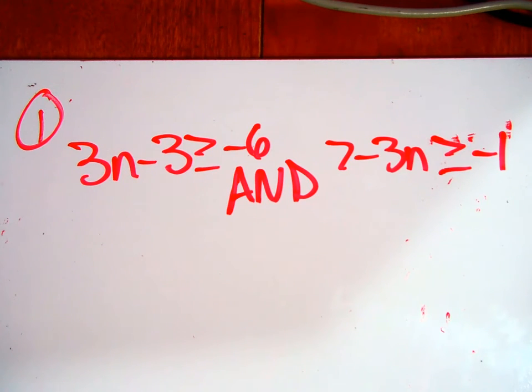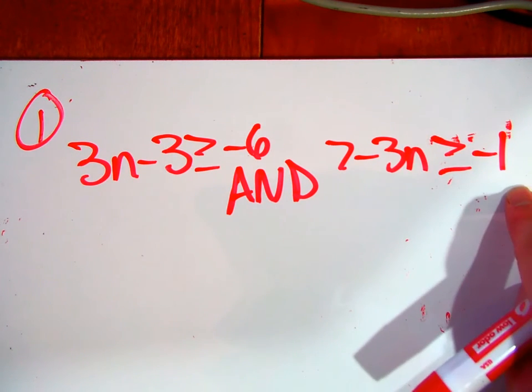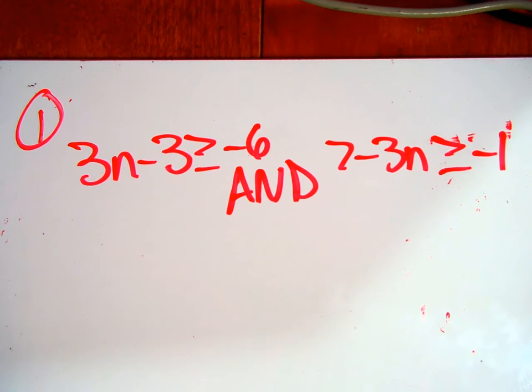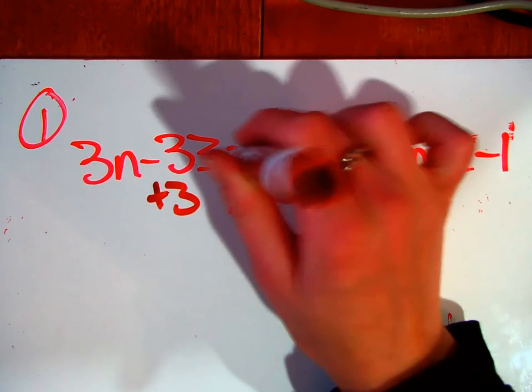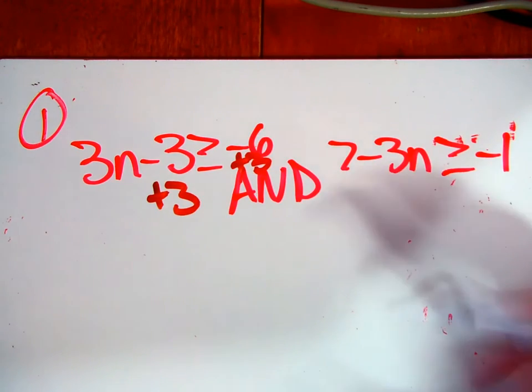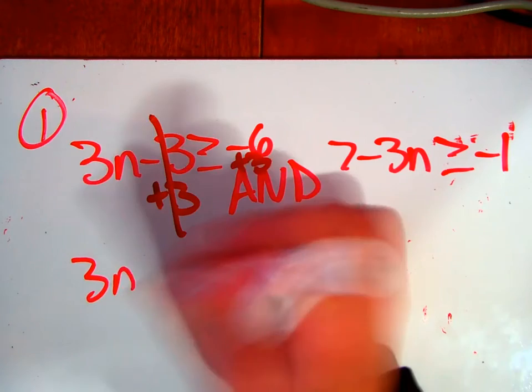Okay, first example, 3n minus 3 is greater than or equal to 6, and 7 minus 3n is greater than or equal to 1. We have to end up solving both. So I'm going to start with the one on the left first. It's a 2-step inequality. I will add 3 to both sides to get rid of the minus 3. That's gone. 3n is by itself.